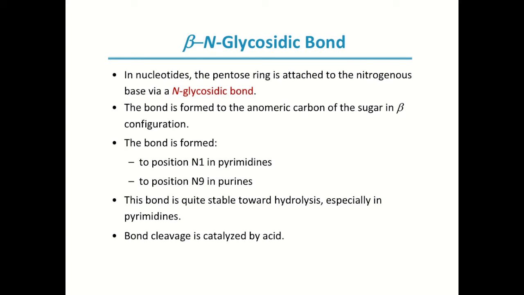In nucleotides, the pentose ring is attached to the nitrogenous base via an N-glycosidic bond, and the bond is formed to the anomeric carbon of the sugar in its beta configuration. The bond is formed to position N1 in pyrimidines and N9 in purines, and it's quite stable towards hydrolysis, especially in pyrimidines, but it can be cleaved if there's acid present.